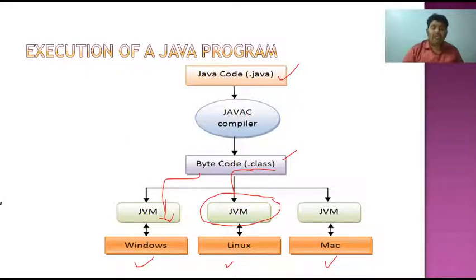So we are achieving platform independence and also security through the Java Virtual Machine. Whatever program is running through the Java Virtual Machine cannot affect the outside resources of the system. Why? Because the Java Virtual Machine doesn't allow the program to access your system resources without the permission of the Java Virtual Machine.